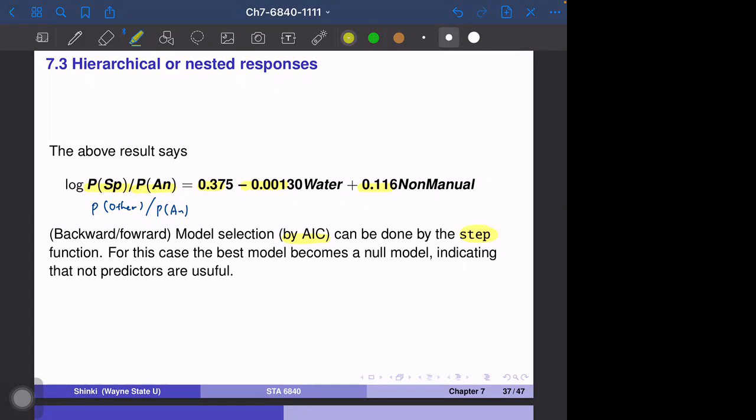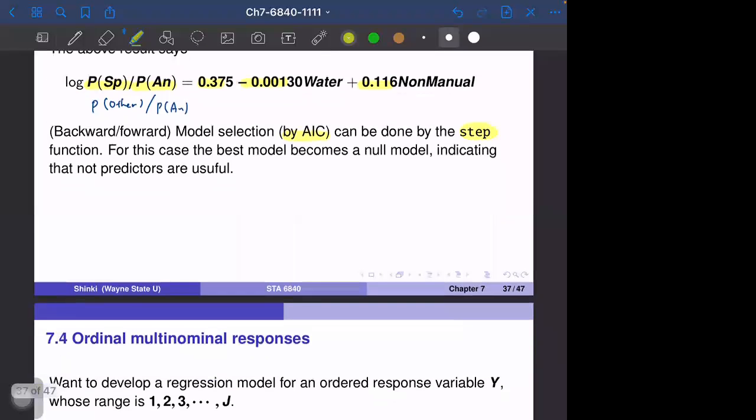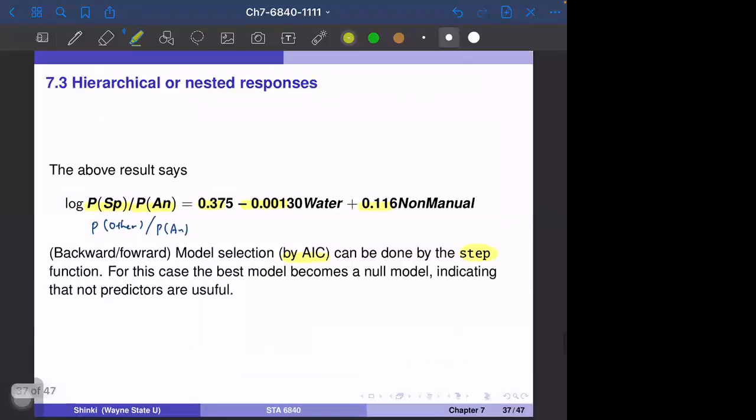So it's clear that the second step is difficult. And also, if we use 4 categories, no CNS and AN, SP, and other, then probably it does not work, because originally it's too hard to categorize the 3 CNS categories. Yep. So this is an example of hierarchical or nested responses.